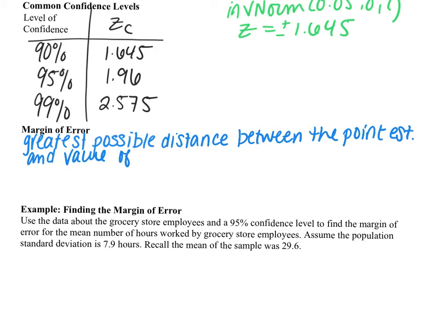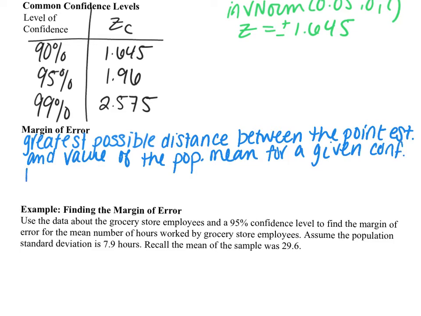So basically the value of the population mean for a given confidence level, okay?